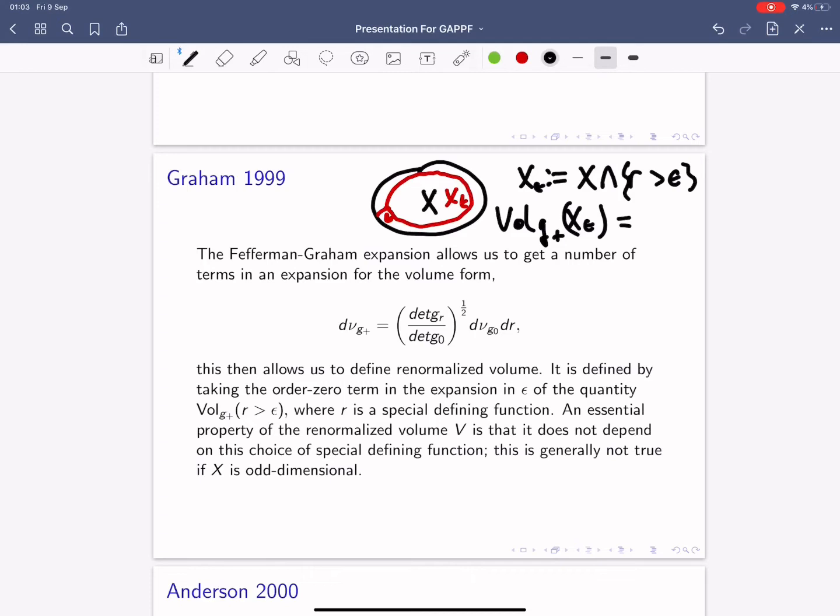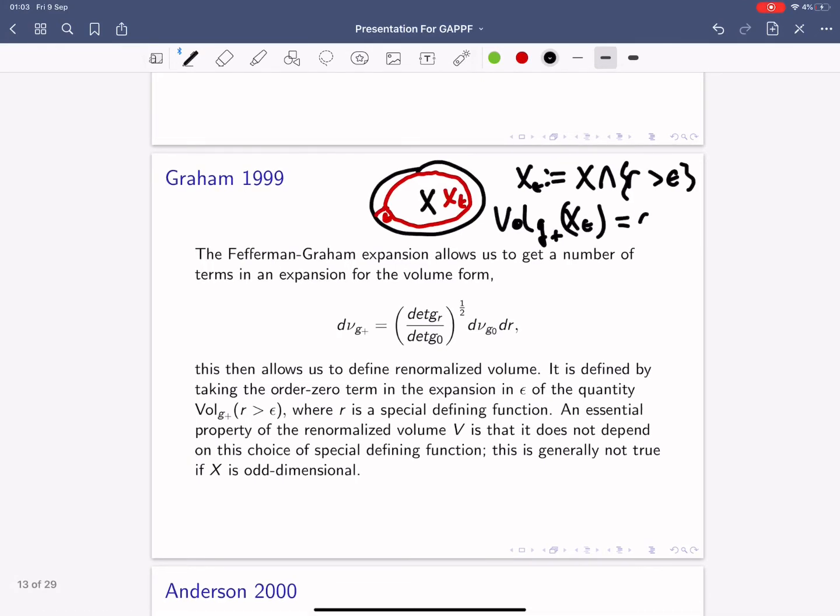But the volume of X itself would be infinite because G plus is complete. So if you expand this in terms of epsilon, I should get something like epsilon to the minus n, and then you'll get some finite zeroth order term, and then higher order terms. This zeroth order term is what's known as the renormalized volume.